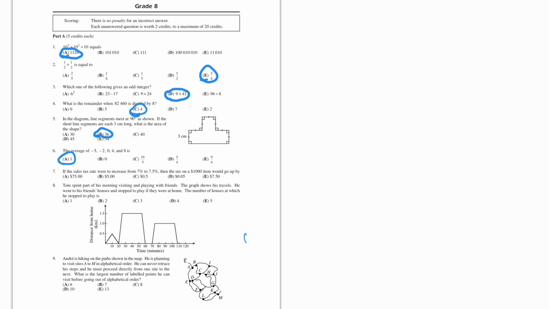Number 7, if the sales tax rate were to increase from 7% to 7.5%, then the tax on a $1,000 item would go up by... The tax rate right now is 7.5%. The original one is 7%. So the tax rate increased 0.5%. And the item is $1,000.